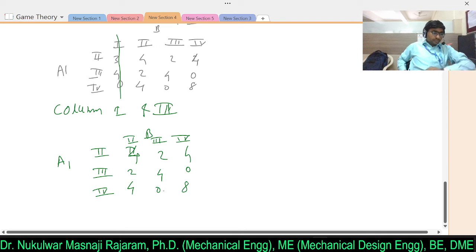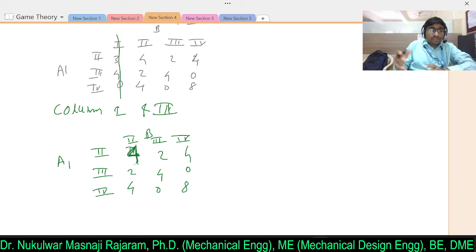Clear? Now again we need to compare these values within the new matrix. Clear? And then we need to check. So if you check any row or column, you will not find that anything can be deleted. Then what will we do?